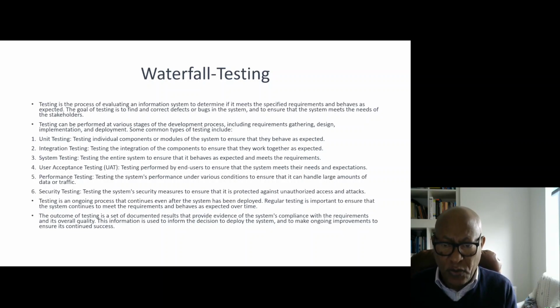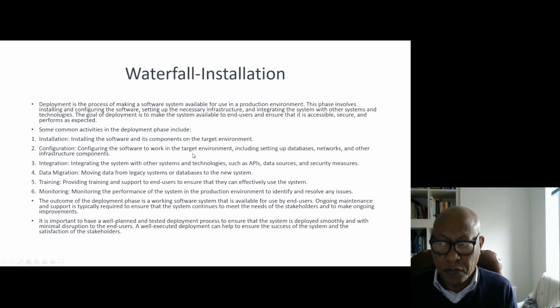The whole system is tested from the user perspective and the performance perspective. Performance normally tells you the quality of the system, how your development responds in terms of performance, and the security elements as well.